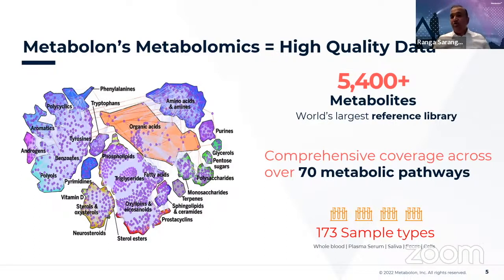And so for every data output that we provide our clients, we are able to correlate each small molecule with a reference library standard, so that we can assure them that what we provide is exactly what is in their sample sets. And so it's a fairly comprehensive offering.